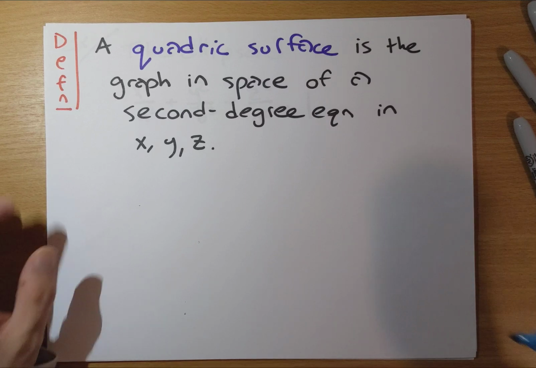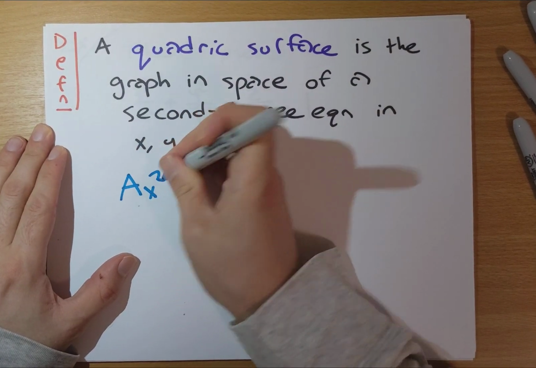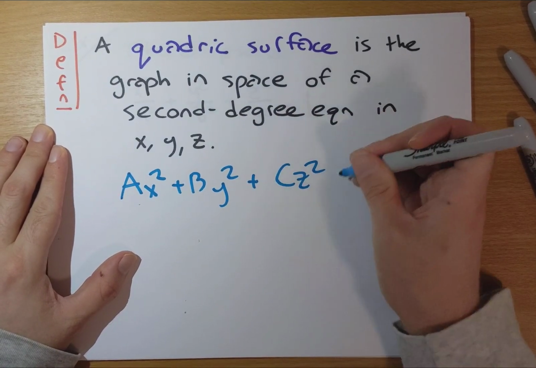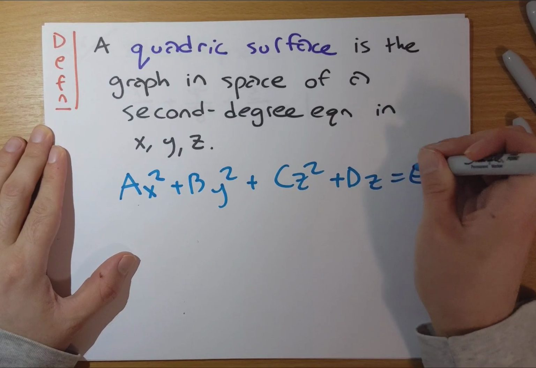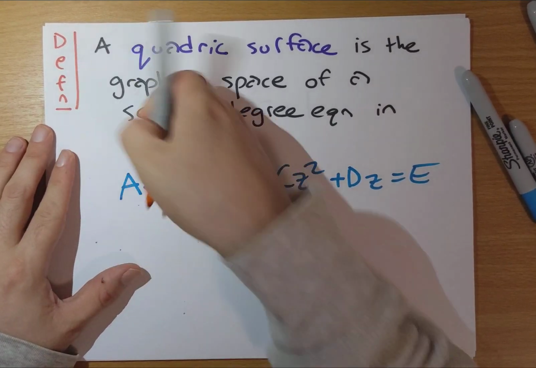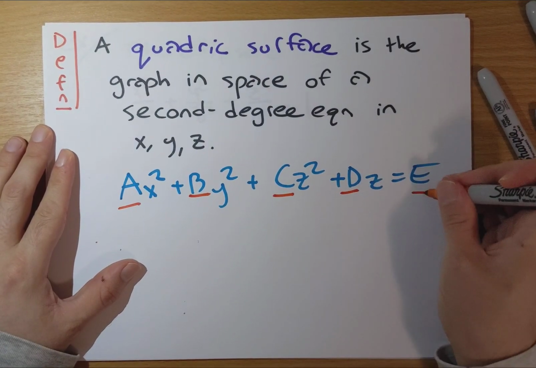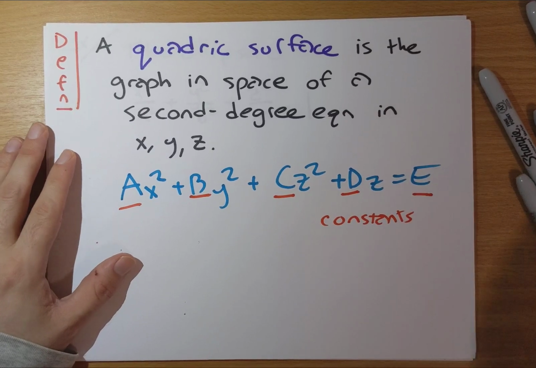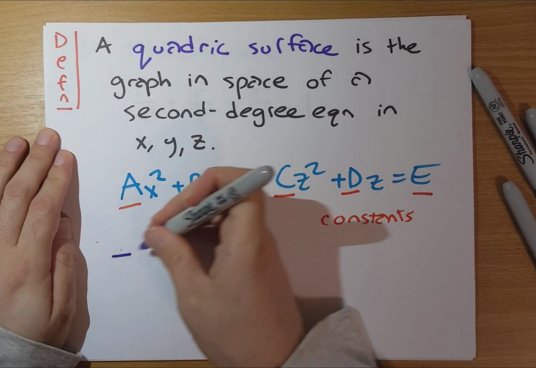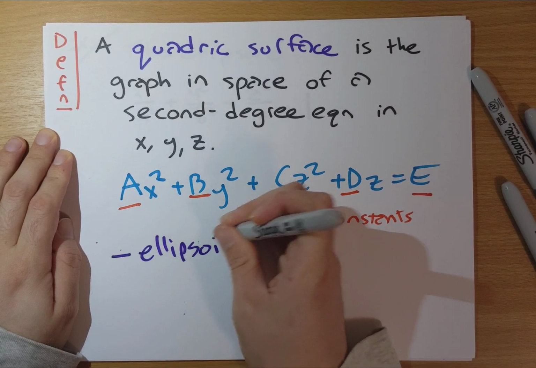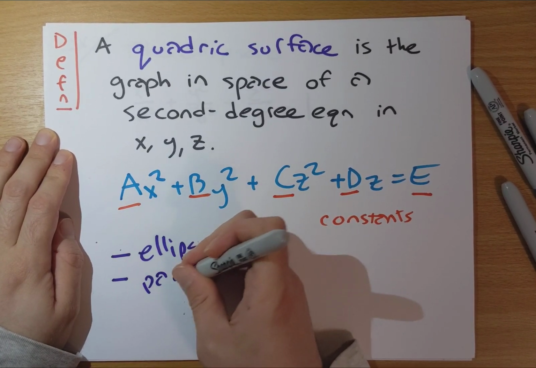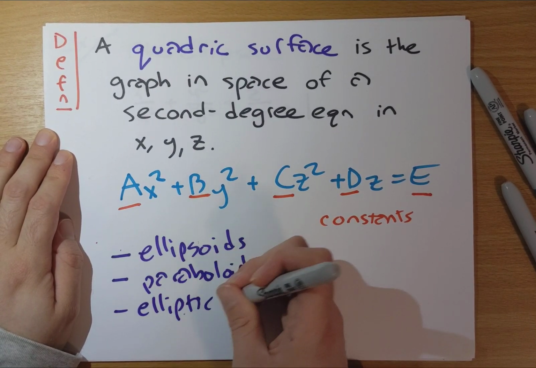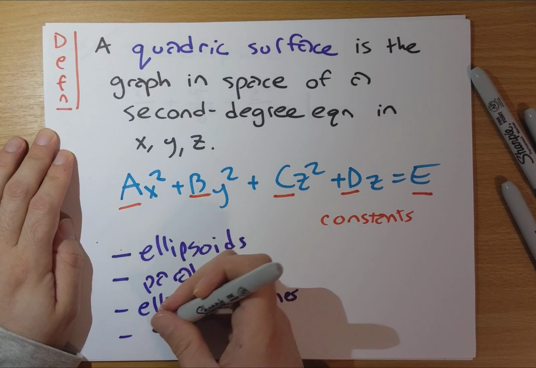We're first going to do the special case of the form ax squared plus by squared plus cz squared plus dz is equal to e, where a, b, c, d, and e are all constants. Some of the surfaces we're going to learn about are ellipsoids, paraboloids, elliptical cones, and hyperboloids.